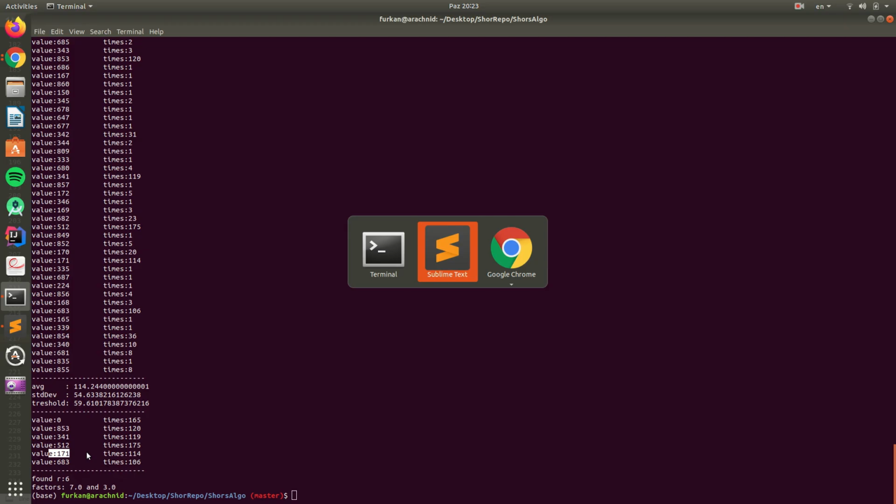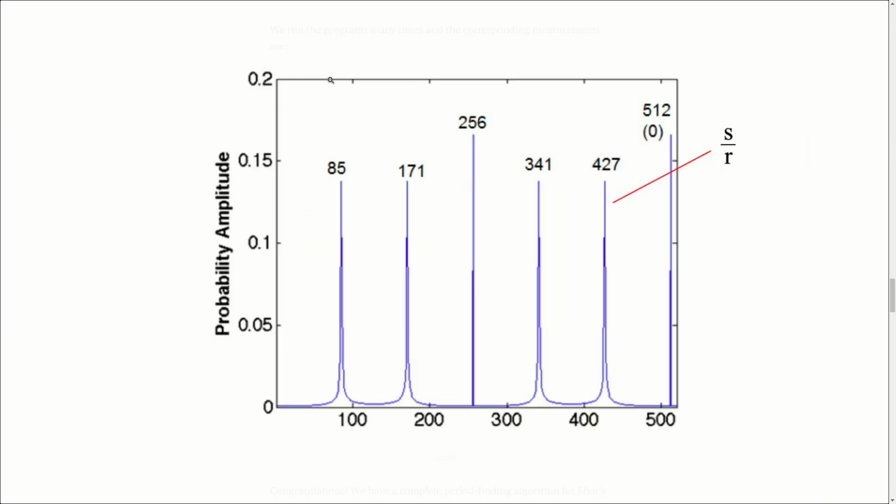If you see this graph, for example, there are 8 qubits in the upper register, so the maximum value is 512 here, and it gets some peaks here, and these are actually one times M over R. R should be 6, I guess, and M over R, M is 512, over R is times 1, times 2, times 3, times 4. It goes like this actually.